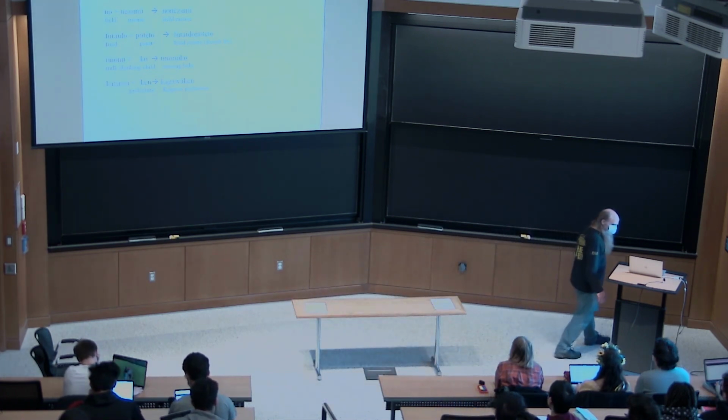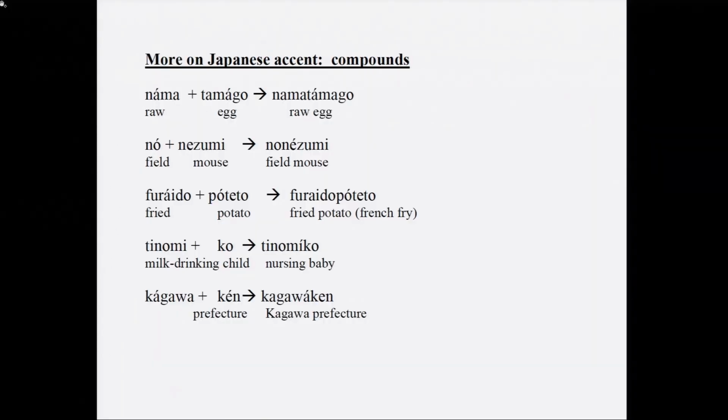What we were talking about at the end was the position of accent in Japanese compounds. So here are a bunch of compound nouns in Japanese. And the observation was that when you have a compound consisting of two parts, the result always has one accent, on one particular syllable.